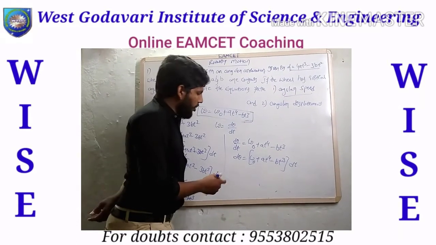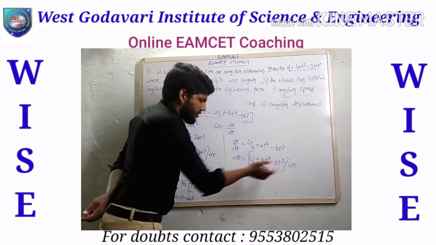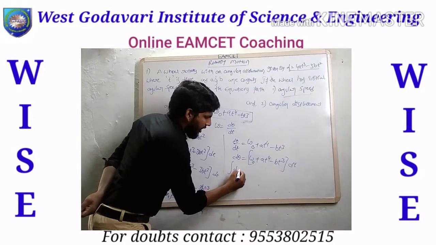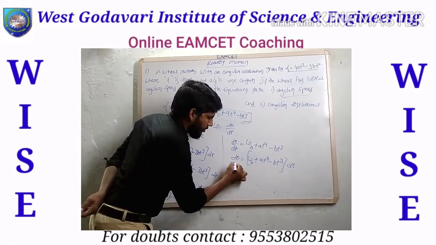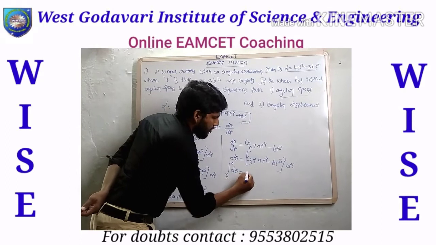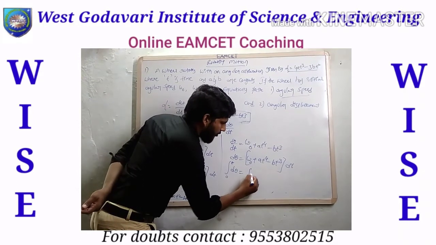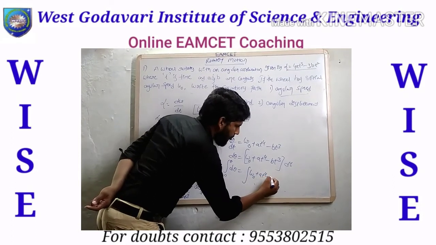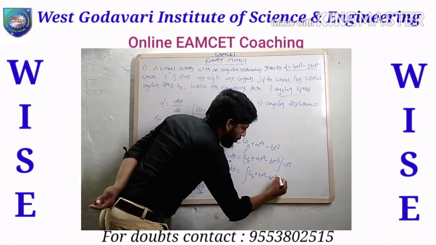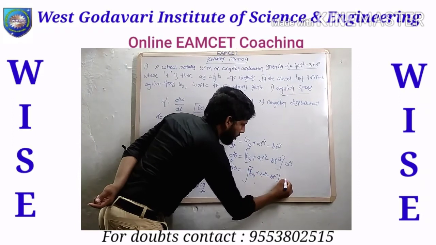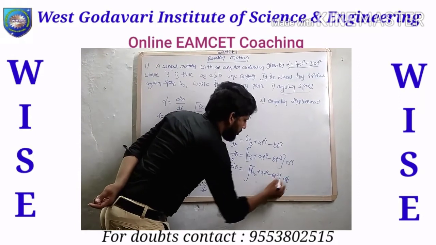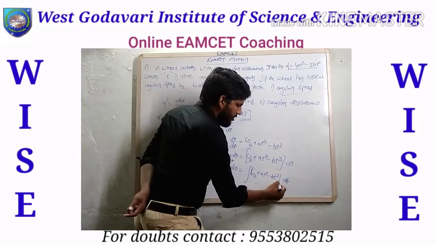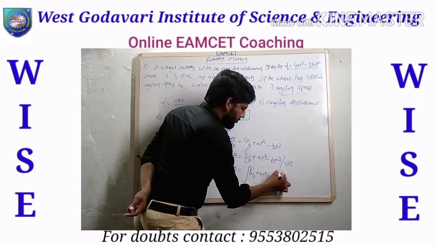Now you need to integrate on both sides. Integral of d theta from 0 to theta equals integral of (omega naught plus at power 4 minus bt cube) with respect to dt, where the limits are 0 to t.